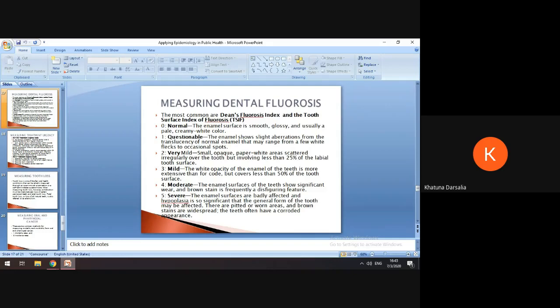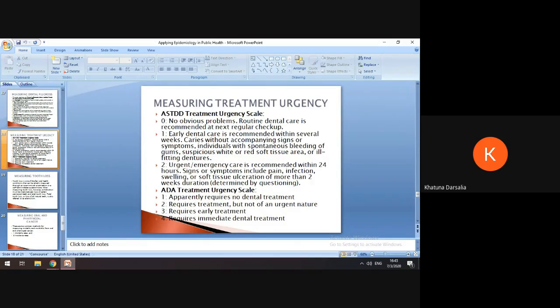Now, measuring the treatment urgency. Many public health programs are not necessarily interested in the level of oral disease, but they may be interested in the proportion of the population that is in need of various levels of dental care. Two different organizations have developed criteria for quantifying treatment urgency.